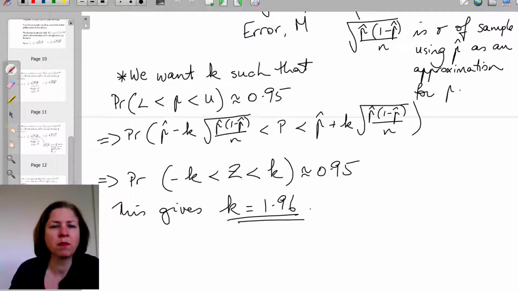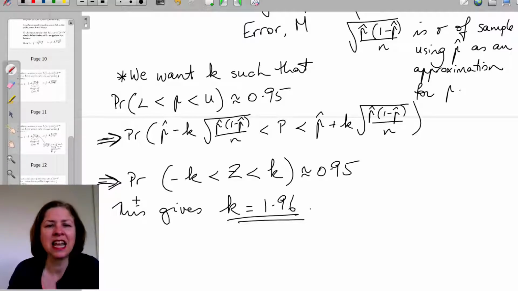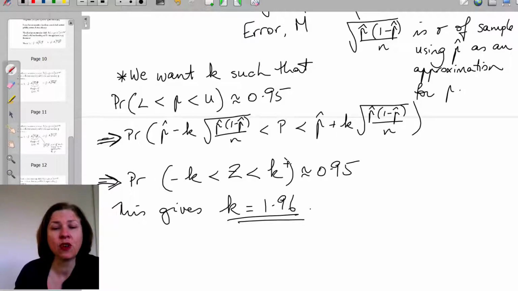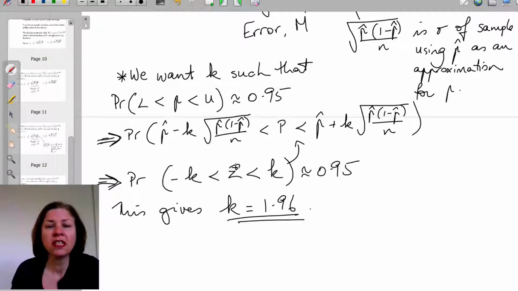So we've got this probability here, and now I've written down this probability that negative K is less than Z is less than K. If I showed you the derivation, you would see that when I transform this, it turns into that.